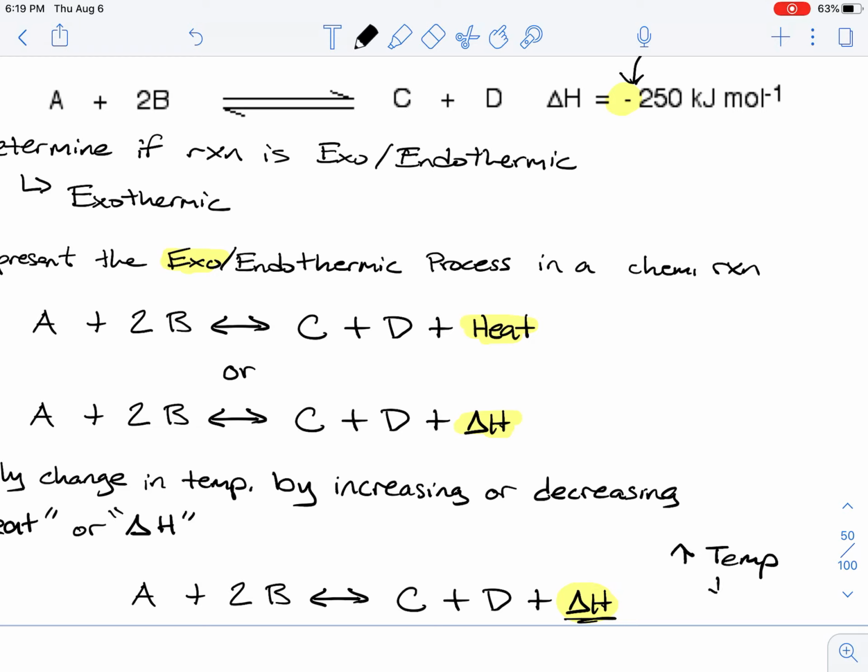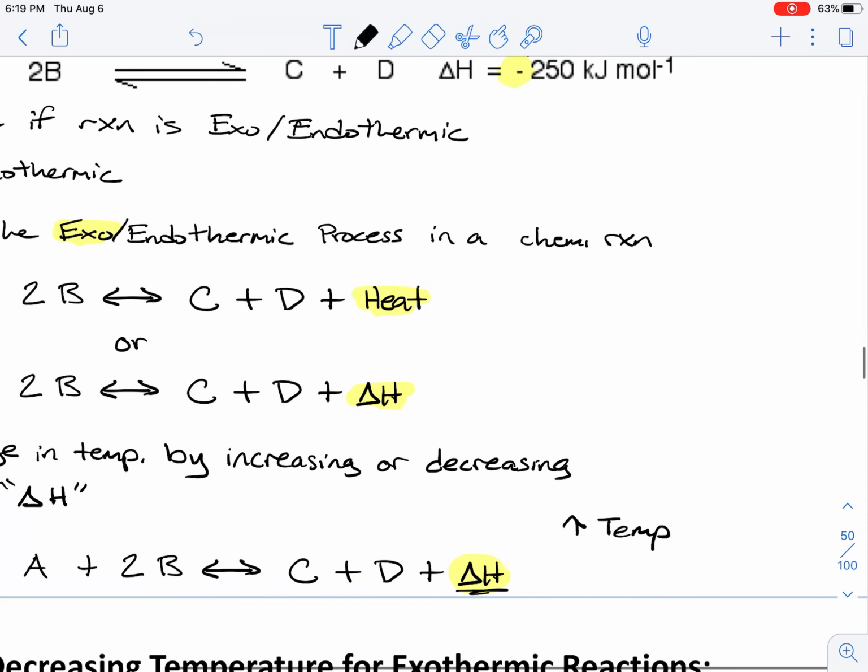if I am increasing the temperature of the system, that means I am adding heat into the system.